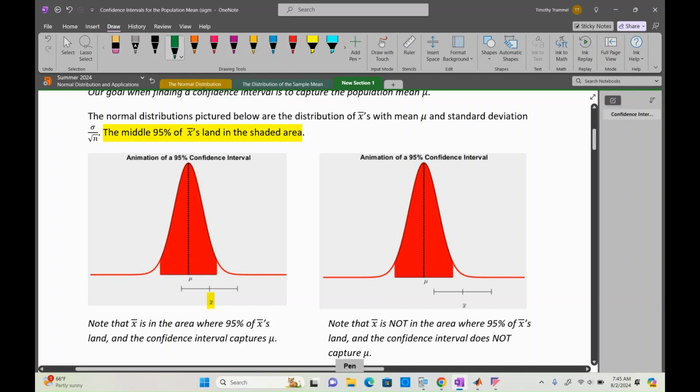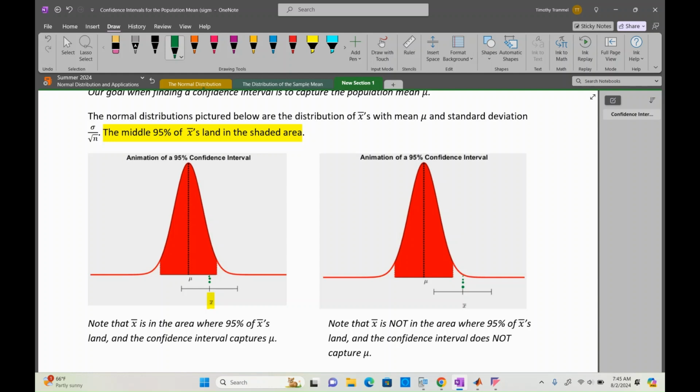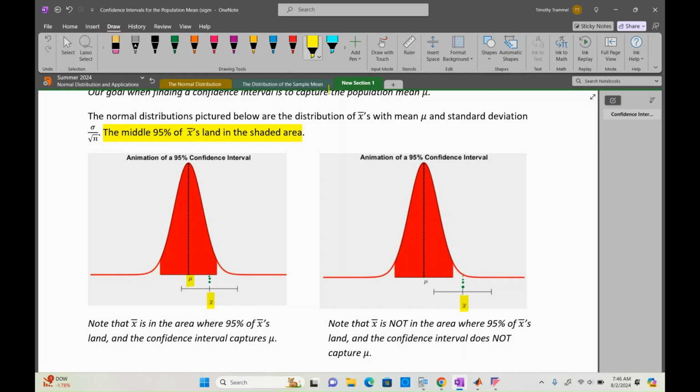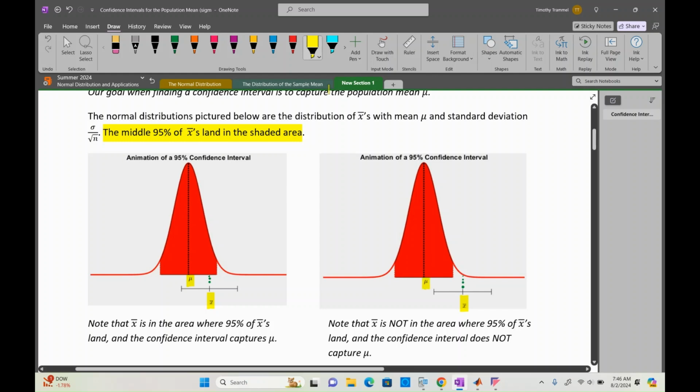While this other one is not within that area where 95% of X bars will land. The big thing between these two is that on the left, where X bar is within that 95%, notice the confidence interval contains mu. On the other side, if X bar does not land where 95% of X bars will land, then notice the confidence interval does not contain mu.